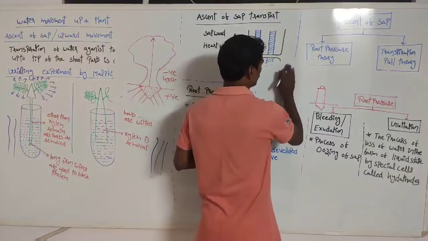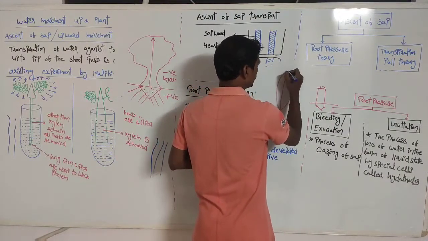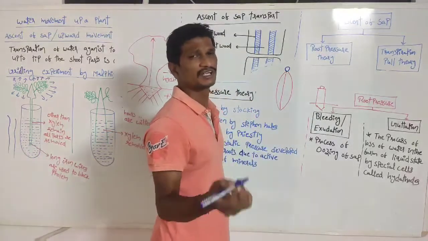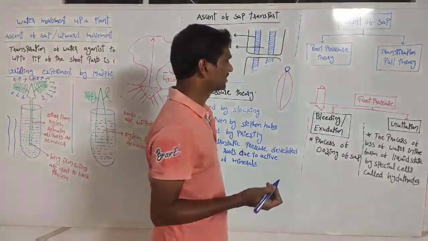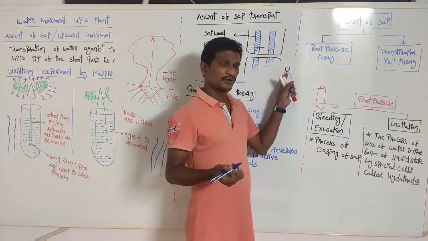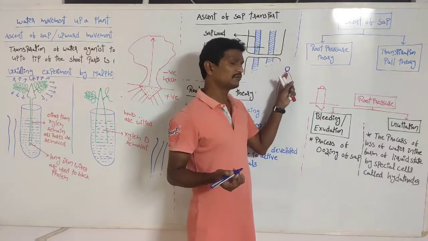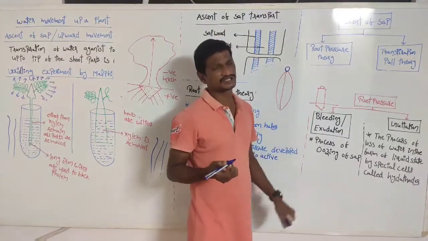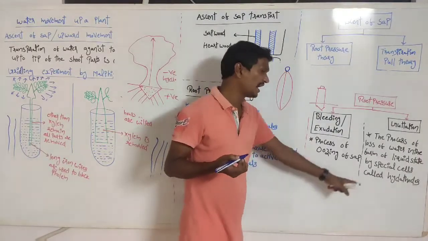This loss of water in liquid form is done by special cells called hydathodes.